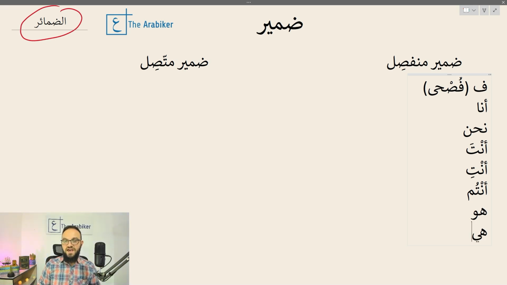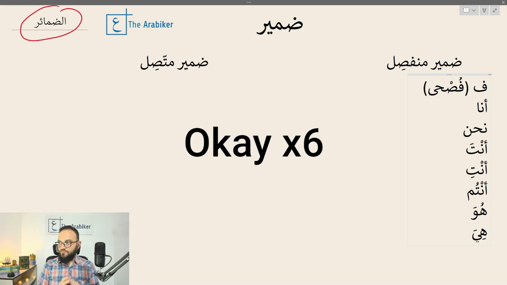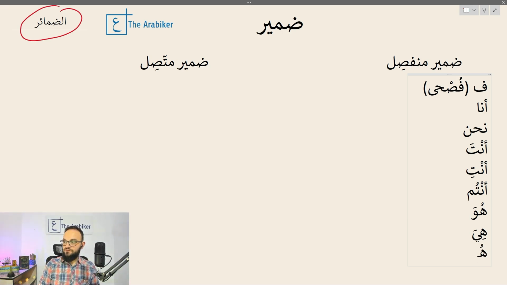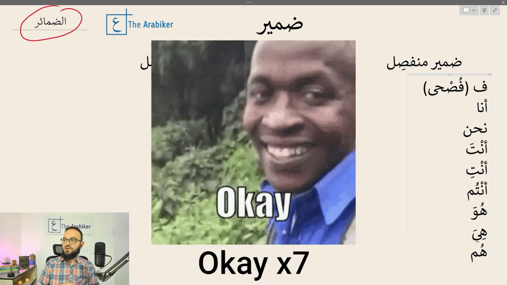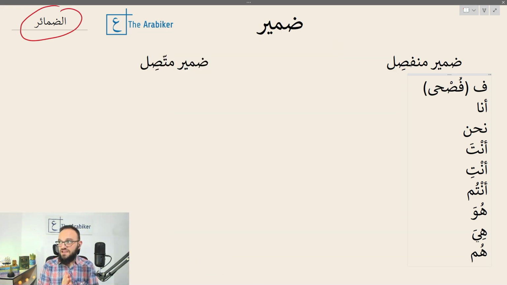Next we have hiya, third person singular feminine. Lastly we have hum, third person, they, a group of people. So these are the MSA pronouns and the basic pronouns.